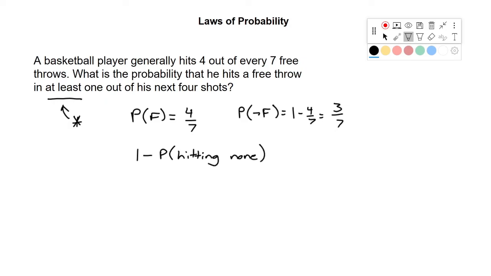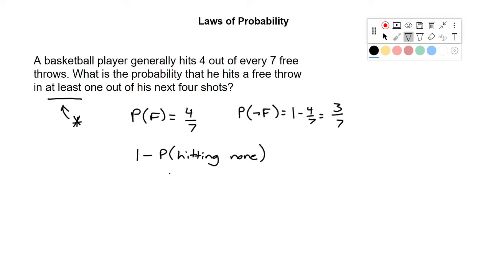Right? We're following our first rule there. You want him to hit at least 1, so you're taking the probability of him hitting none out of that full amount of 1 or 100%. So what is the probability of him hitting none?